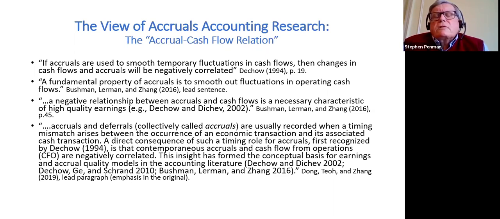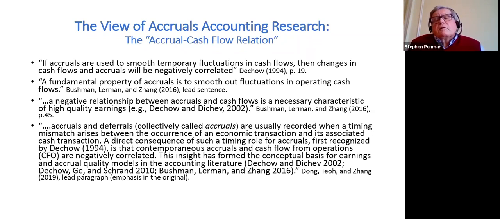Bushman, Lehman, and Zhang is a very widely cited paper in JAR, which picks up on this. They start off with the lead sentence: a fundamental property of accruals is to smooth out fluctuations in operating cash flows. So the idea is cash flows are more volatile and accruals smooth this out. They're a reaction to the cash flows. A negative relation between accruals and cash flows is a necessary characteristic of high quality accruals.